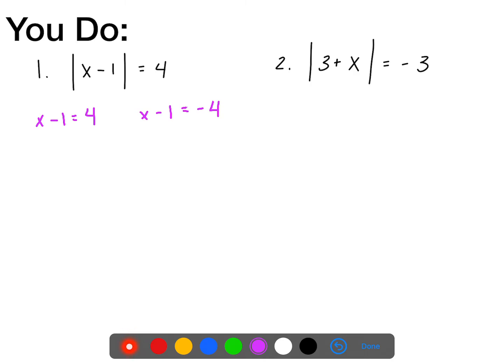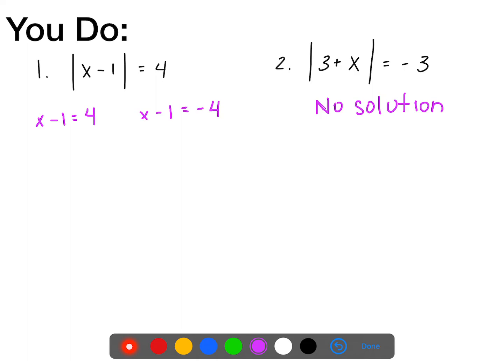Is the second one, the one with the negative 4, wrong, because it ends up being negative? Only in the situation where we have the absolute value equals a negative, that's our no solution. A variable can be negative. We just can't have the absolute value equals a negative.